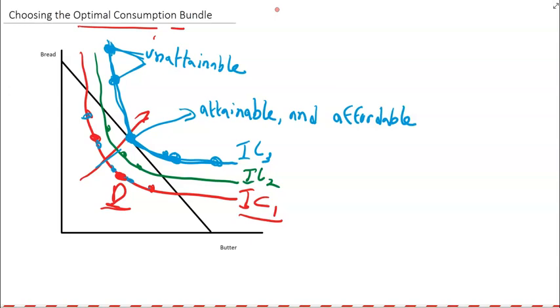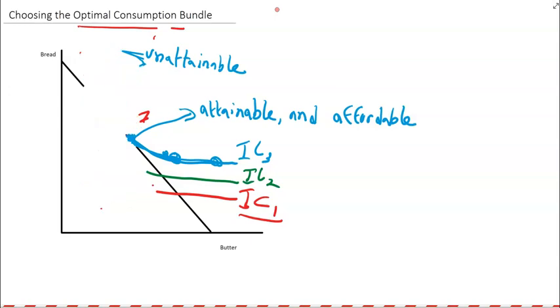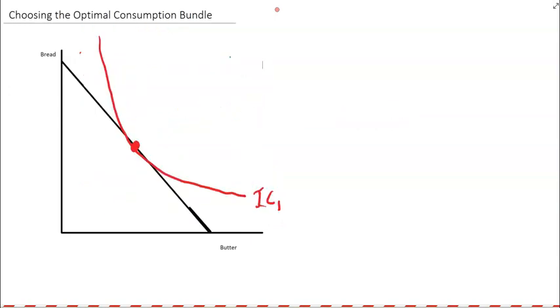So in other words, if I redraw this, I can see where the exact optimal consumption bundle is going to be. From here, we can see that the optimal consumption bundle is going to be point M. This is where the budget line and the indifference curve are tangent to each other.